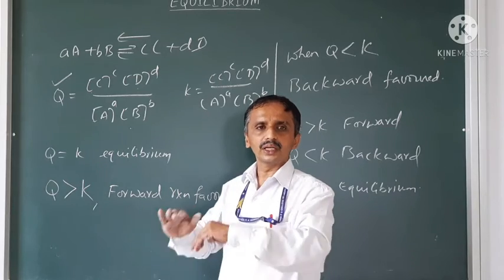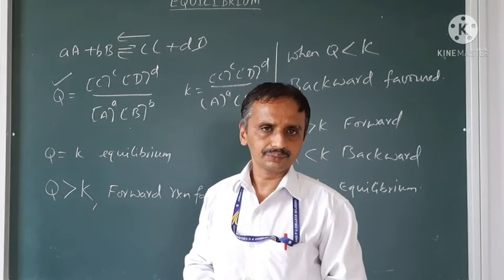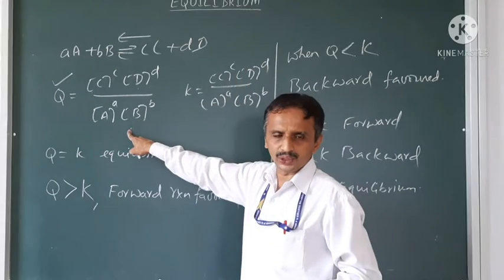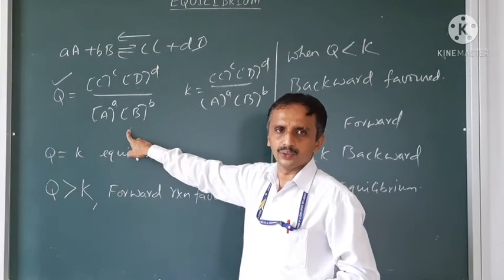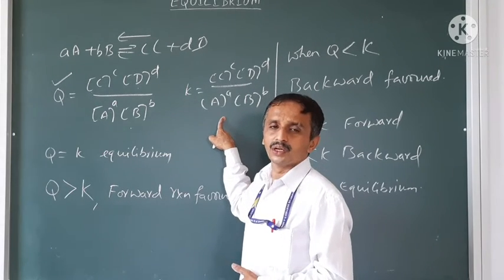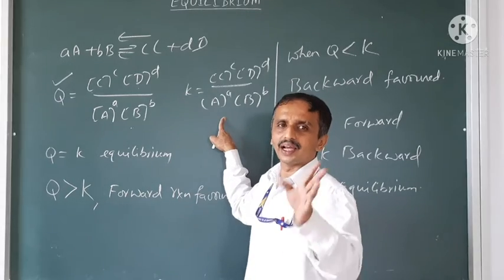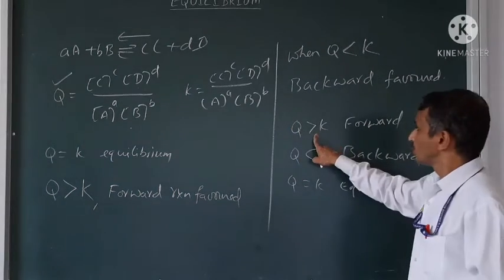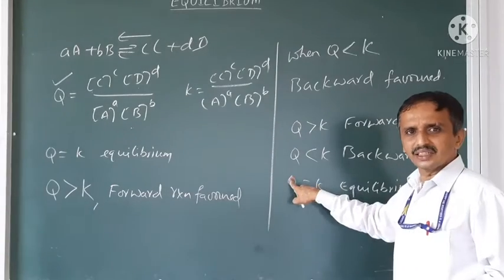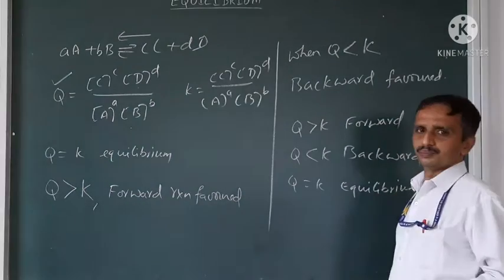They ask whether the reaction is favorable in the forward or the backward direction. At that time, get the reaction quotient value, the Q value, and see whether it is greater than, lesser than, or equal to the given equilibrium constant, and decide. So Q greater than K, forward reaction favored. Q less than K, backward reaction favored. Q is equal to K, equilibrium.